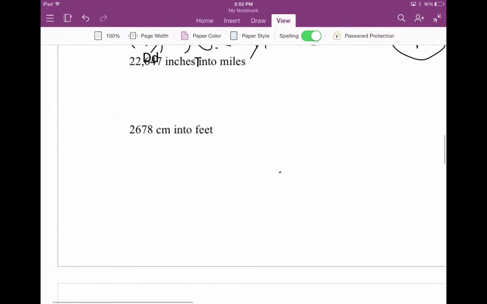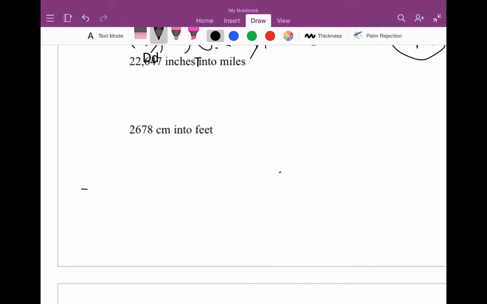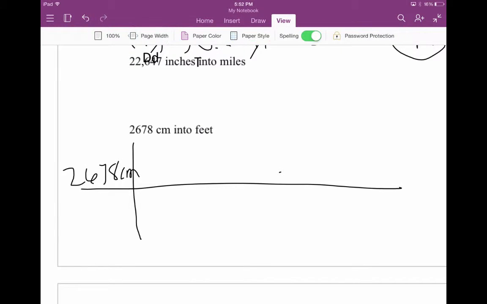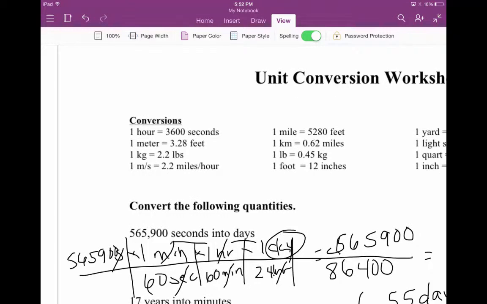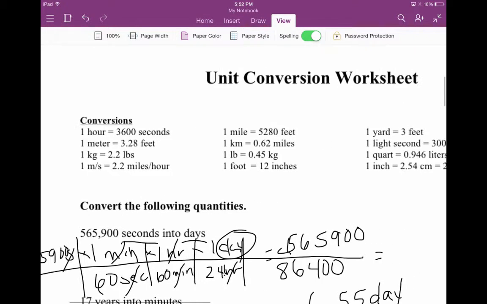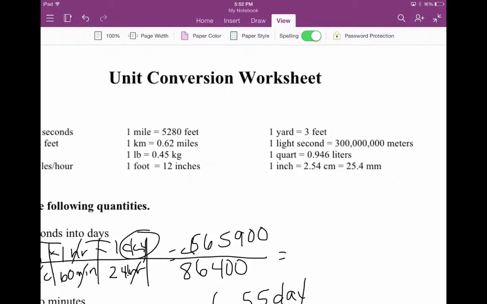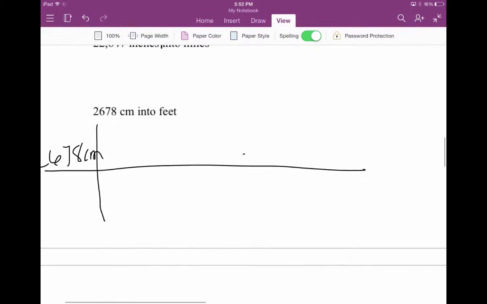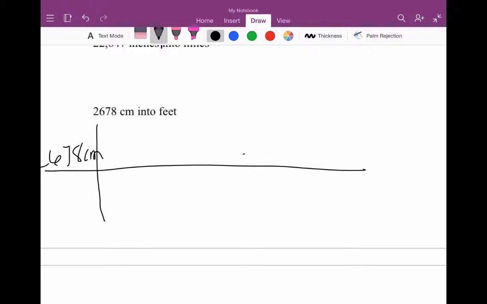Let's do this next one. Setting up our T-chart, 2,678 centimeters into feet. Up here, do we have centimeters to feet? We do not. We have meters to feet, so that means we need to convert our centimeters into meters. 1 centimeter equals how many meters?